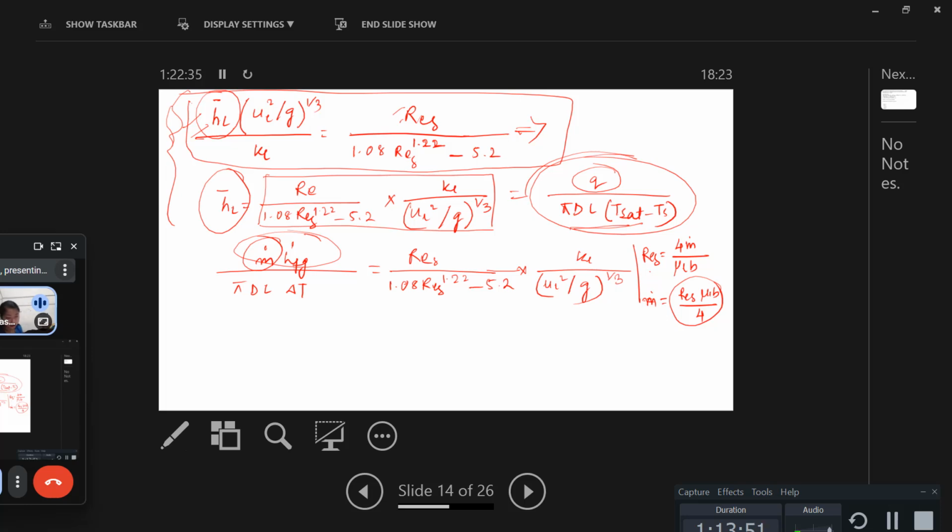So now all the terms are known. This RE will be on this side and also on this side. Then you can calculate what is the value of RE in this case. Okay.